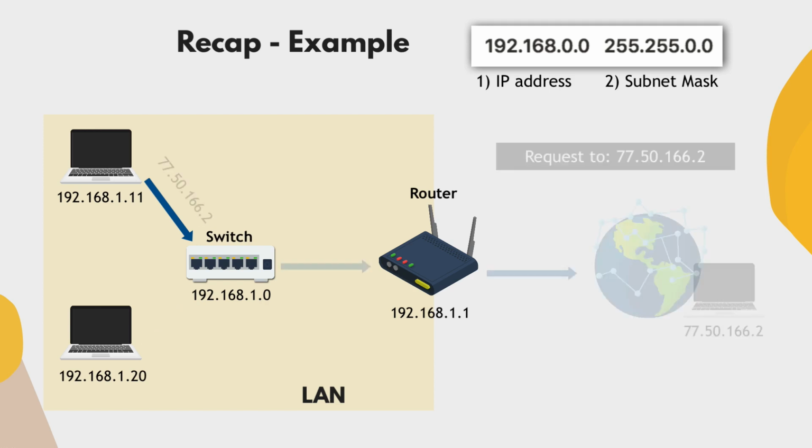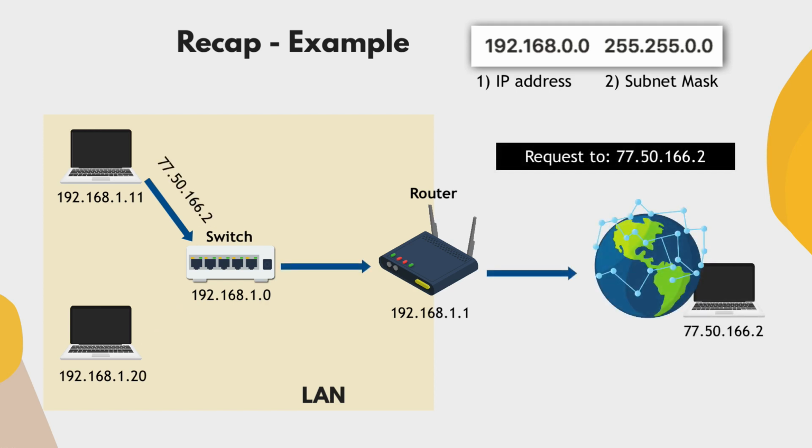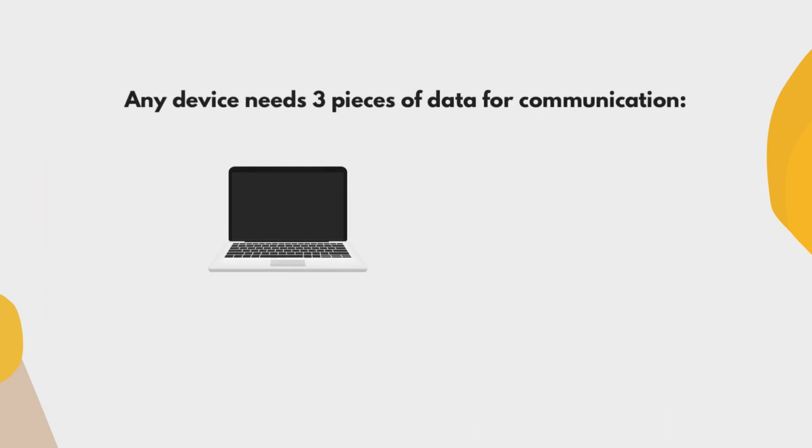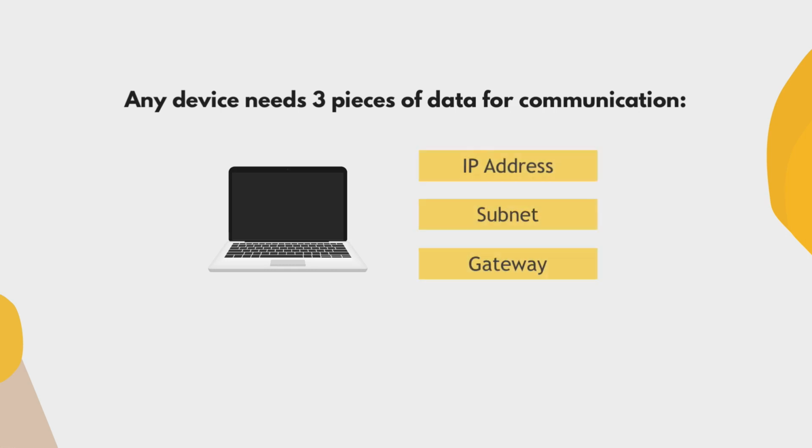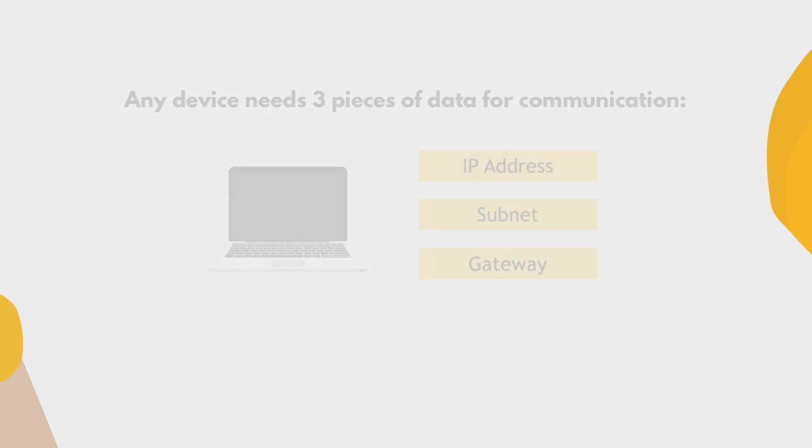If the IP address is external, it will go to the internet through the router. And that means any device on your network will need 3 pieces of data to communicate with other devices, both within its own network and to the outside network's devices. And this is the IP address, subnet, and gateway.